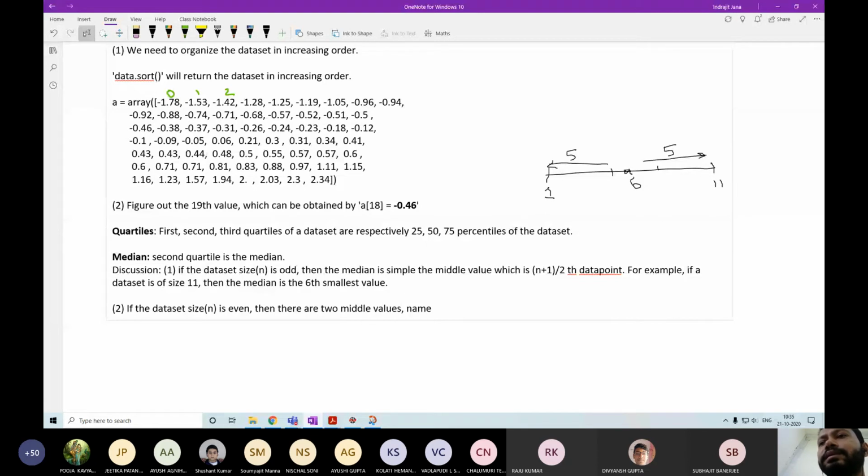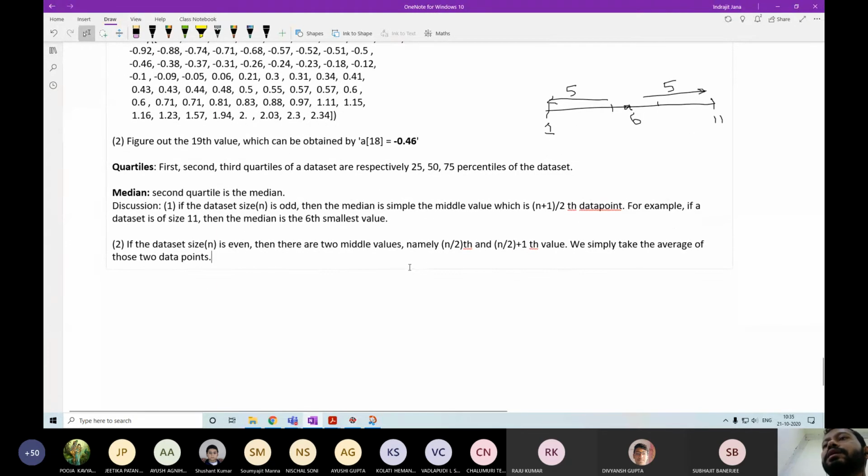Namely the n/2-th value and the n/2 plus 1, the next value. We simply take the average of those 2 values.